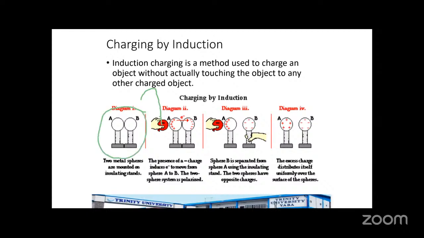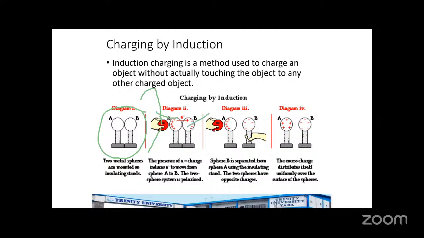So when we move a charge body close to an uncharged body, a neutral body, there will be polarization of charges. So because this charge body is negative, it will attract, when polarization of charges takes place, all the positive charges will come to A, while the negative charges will be repelled to B.